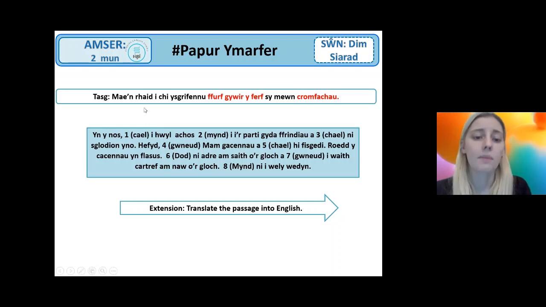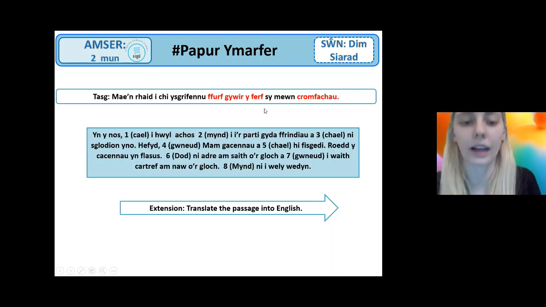So it says, mae rhaid i chi, you must, ysgrifennu ffurf gywir y berf, so the correct verb form, sydd mewn cromfachau. A similar question came up a few years ago, and a lot of people were thrown, first of all because of the way it's laid out, and also they did not know what cromfachau, brackets, were, and that threw a lot of candidates.